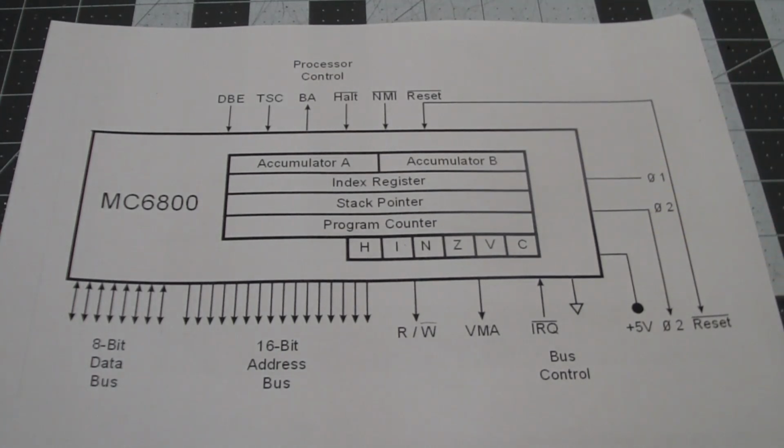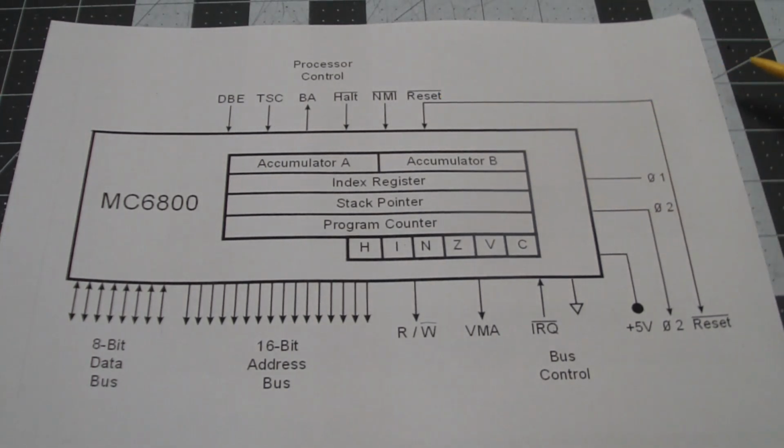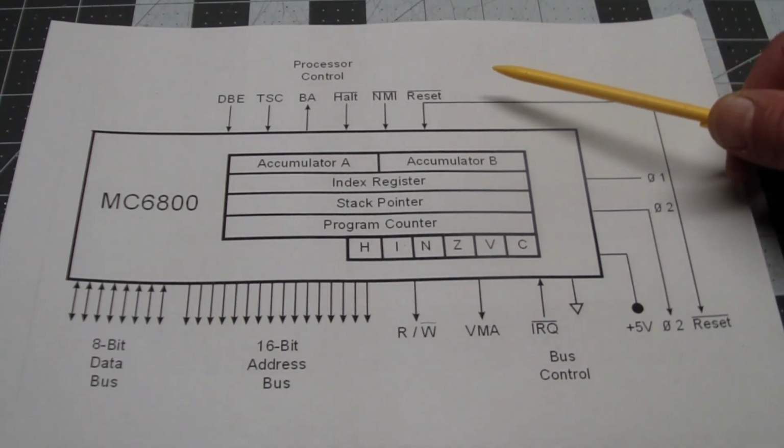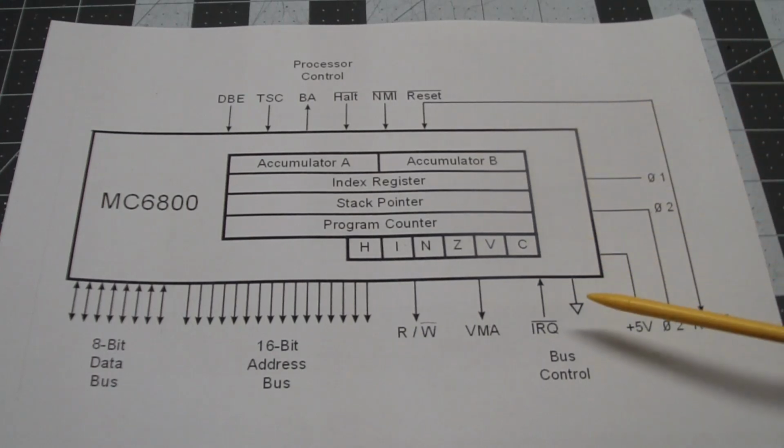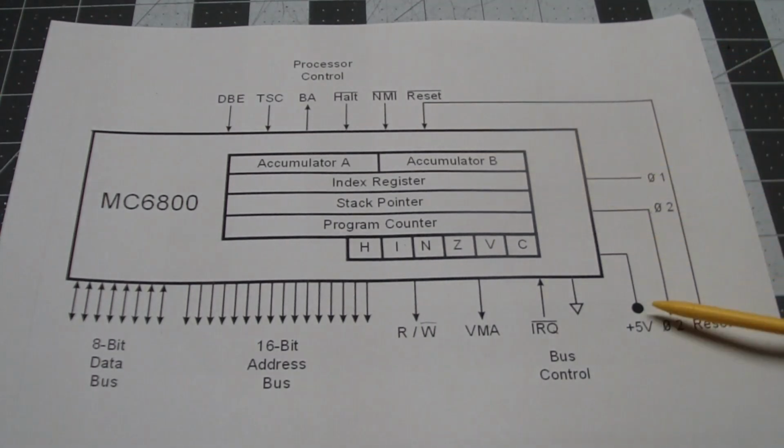I don't know the exact number of cycles required, but it's clearly documented how long this has to be held low. And usually a simple RC circuit is used where the RC time constant is long enough to allow the power to become stable.